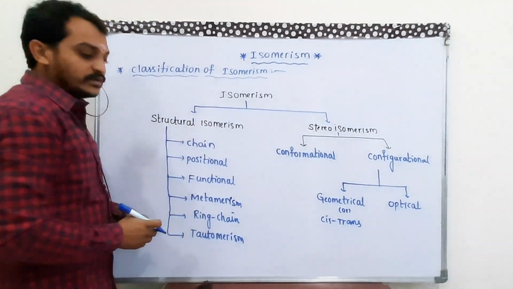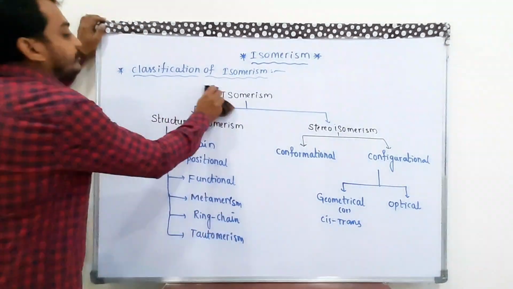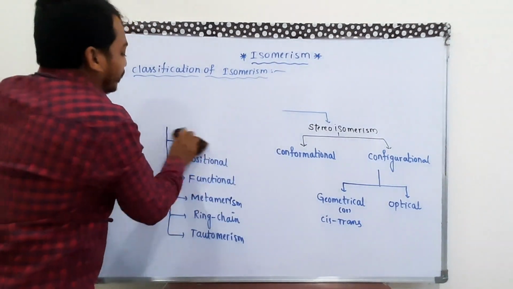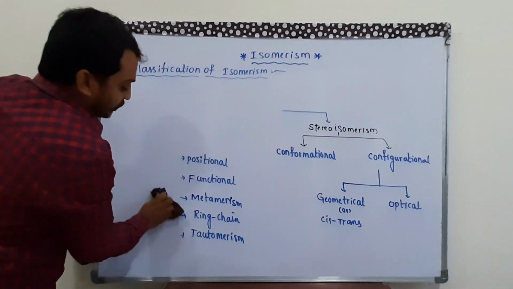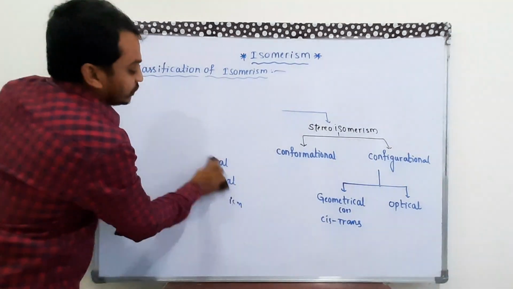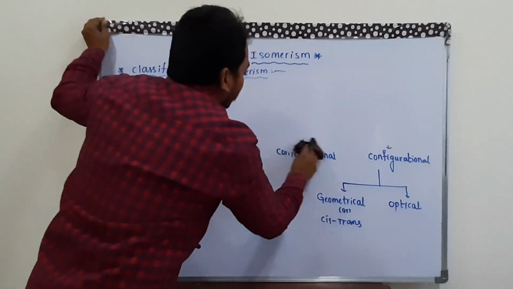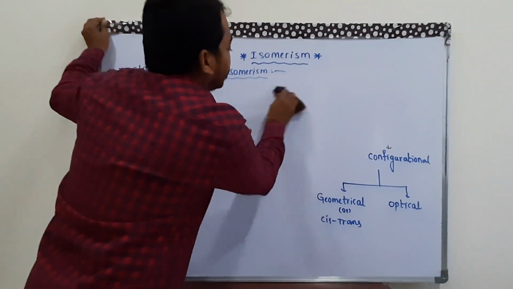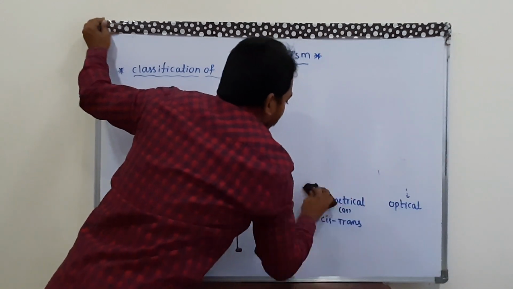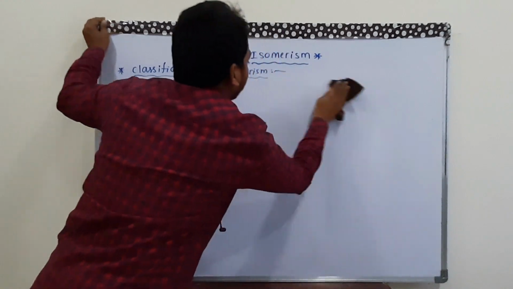So first one is the structural isomerism. Let us discuss the structural isomerism classifications. Structural isomerism means the molecular formula is the same but differ by the connectivity of the groups and the atoms.